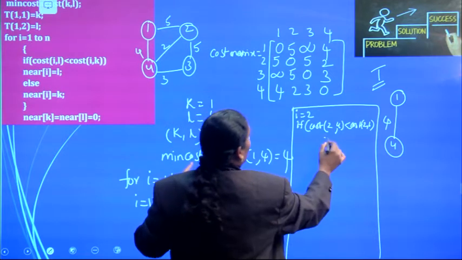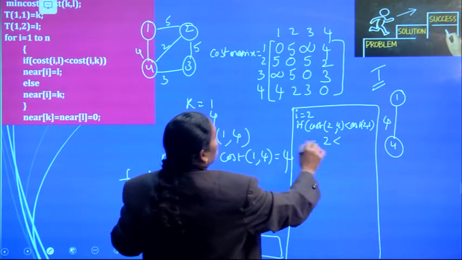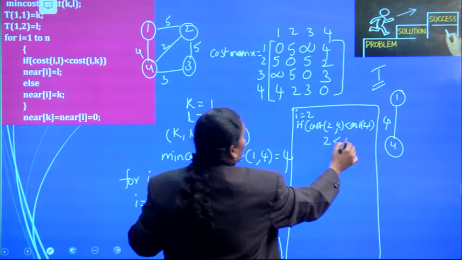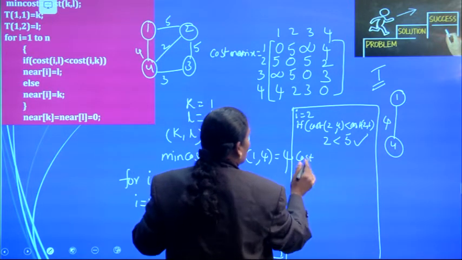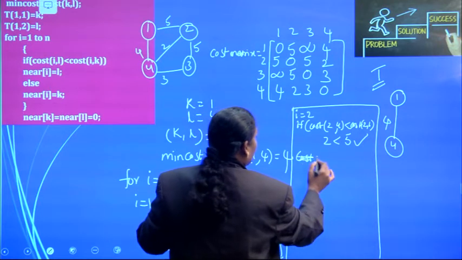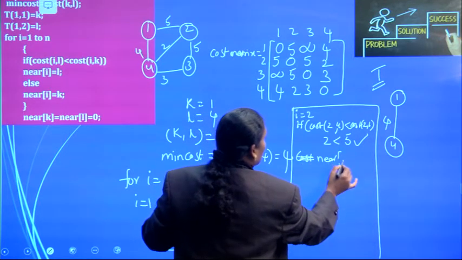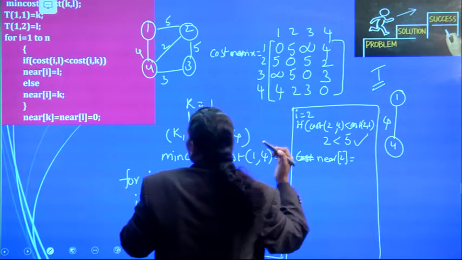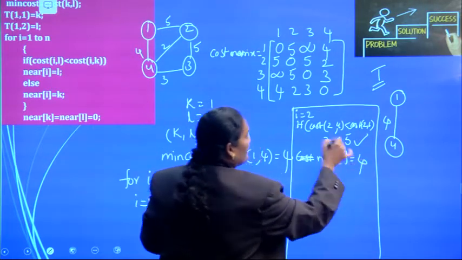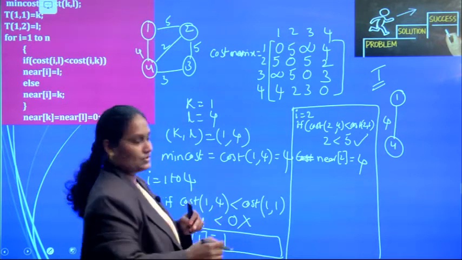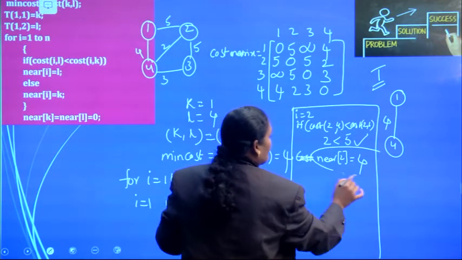What is cost of 2 4? 2. Less than cost of 2 1? What is cost of 2 1? 5. Yes, the condition is true. Since the condition is true, near of 2 is equal to L. What is L? 4. Near of 2 is equal to 4. Remember this one.